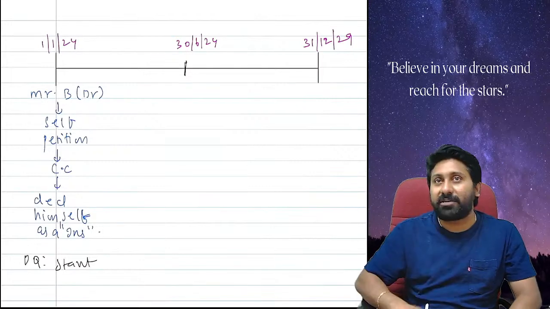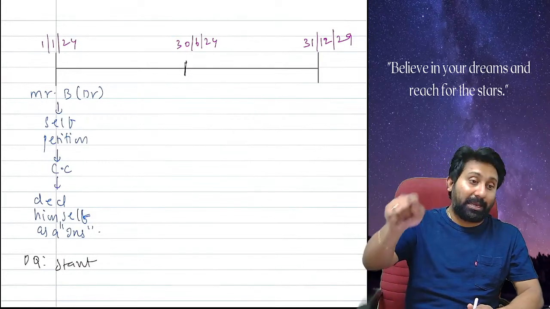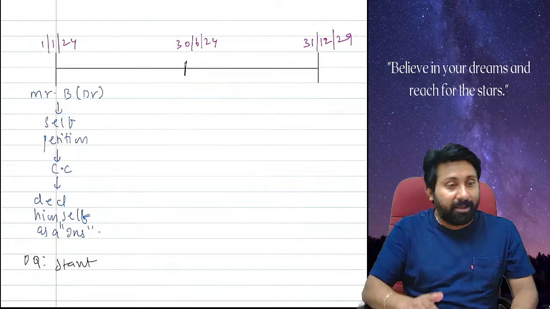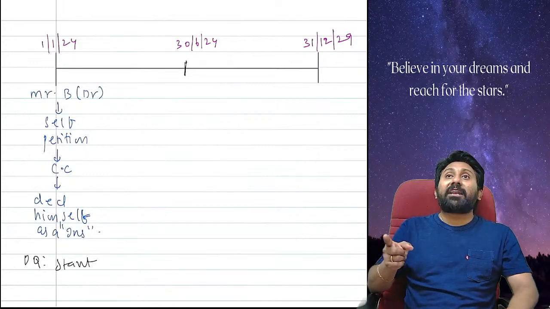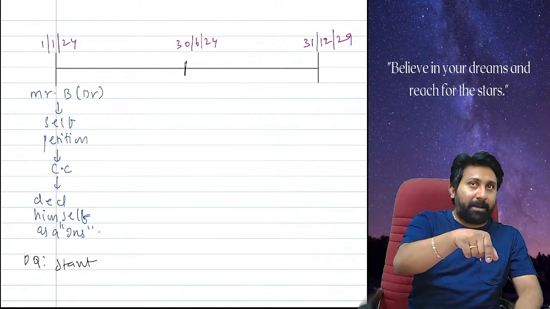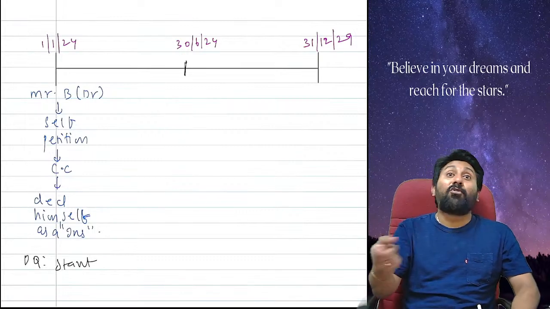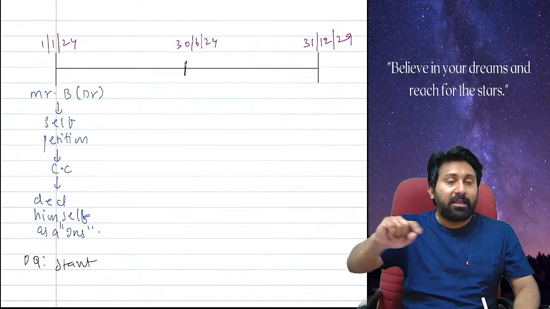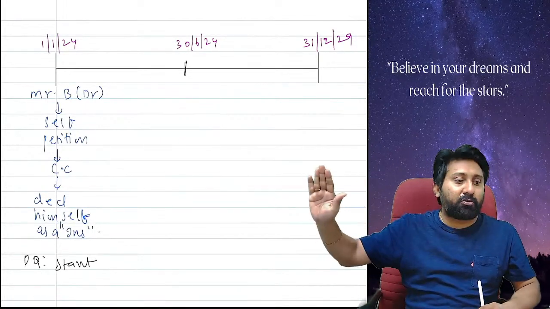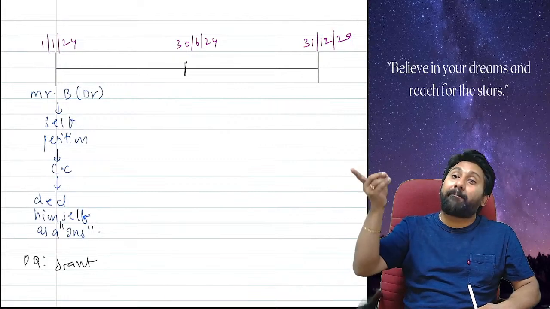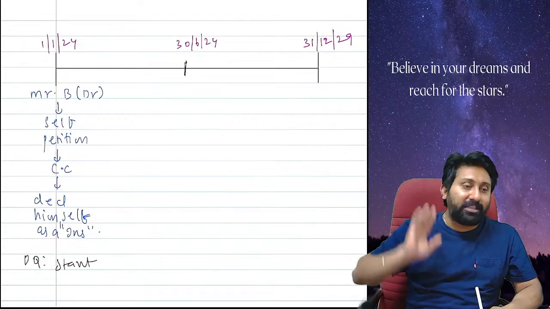The assumption is I am already a partner, because disqualification can attract before becoming a partner, but vacation gets attracted only if you are a partner. Therefore, we are doing this question from the point of view that you are a partner. Later, you came to know about these disqualifications.